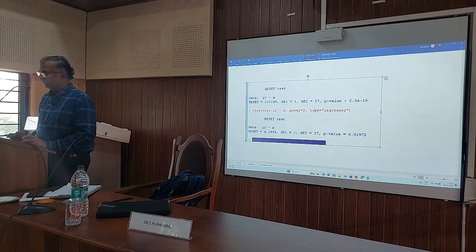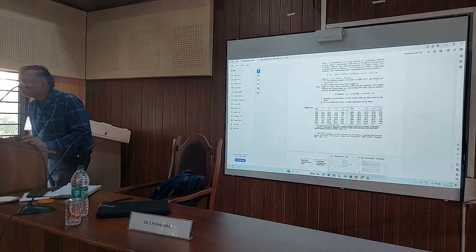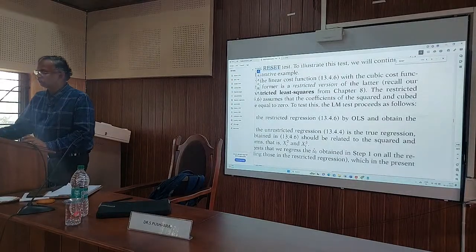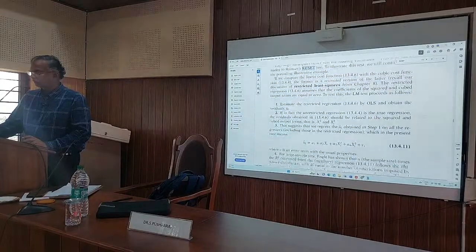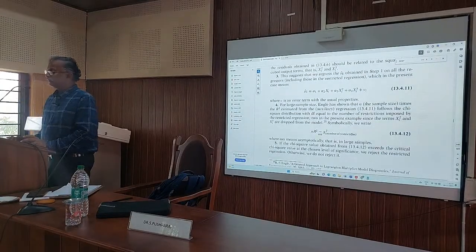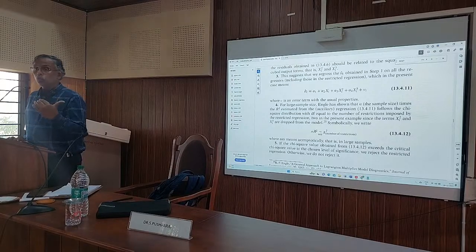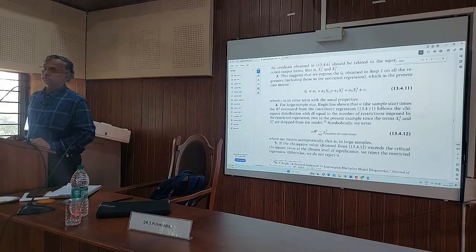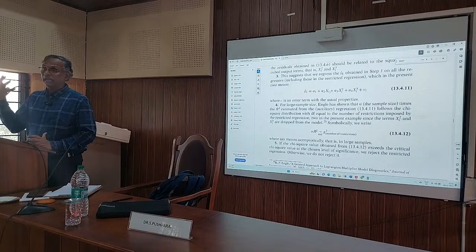This is the model we are talking about. This model being significant means the residual u is depending on some variables. Here in this case, the variable means the predicted value y hat.